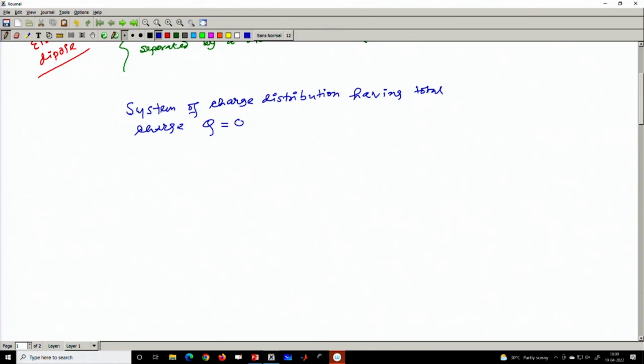total charge, if I calculate, is 0, but they have non-zero dipole moment.